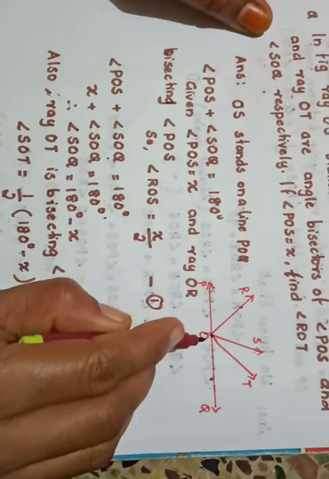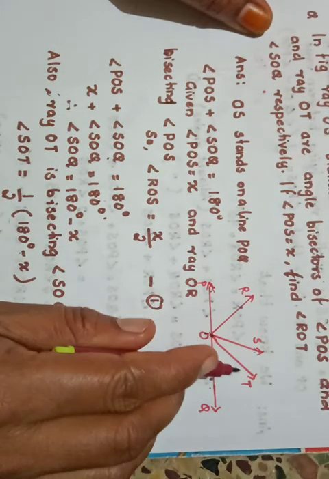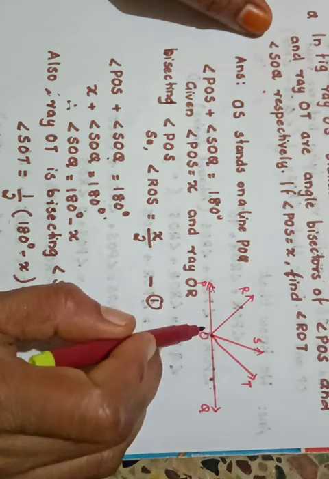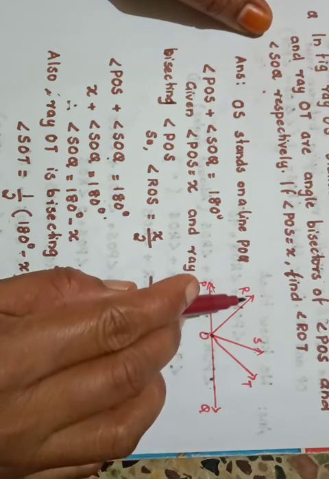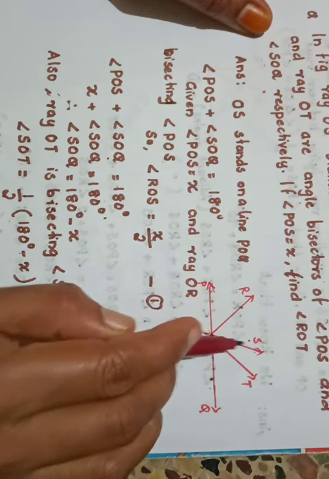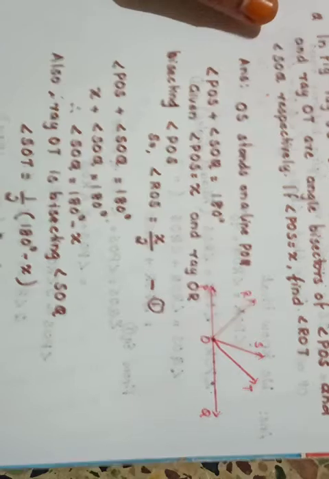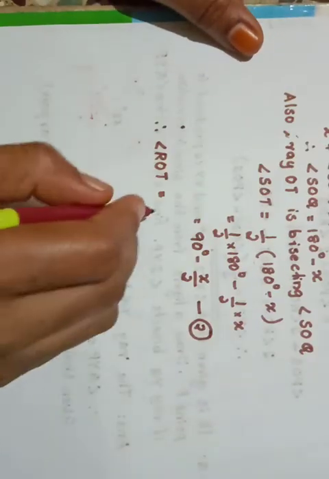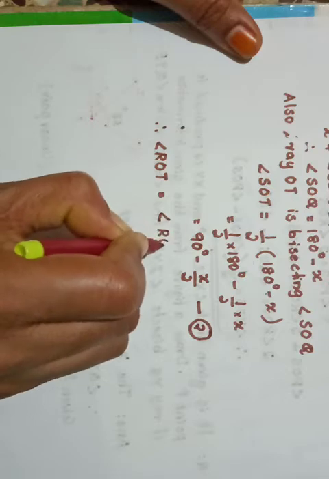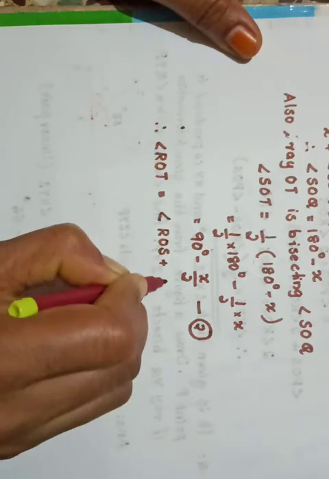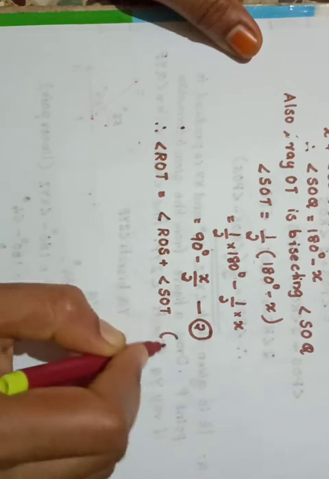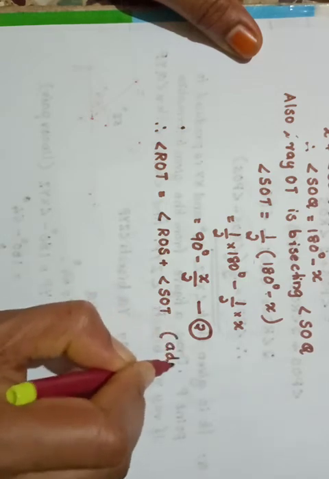ROT, whether it is an adjacent angle? Yes, it is an adjacent angle of ROS and SOT, correct? So we can write ROT as angle ROS plus angle SOT, that is they are adjacent.